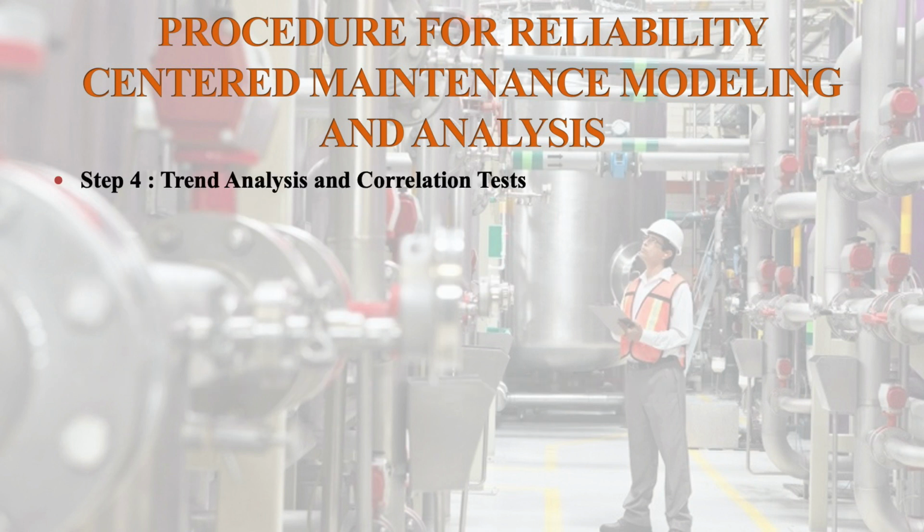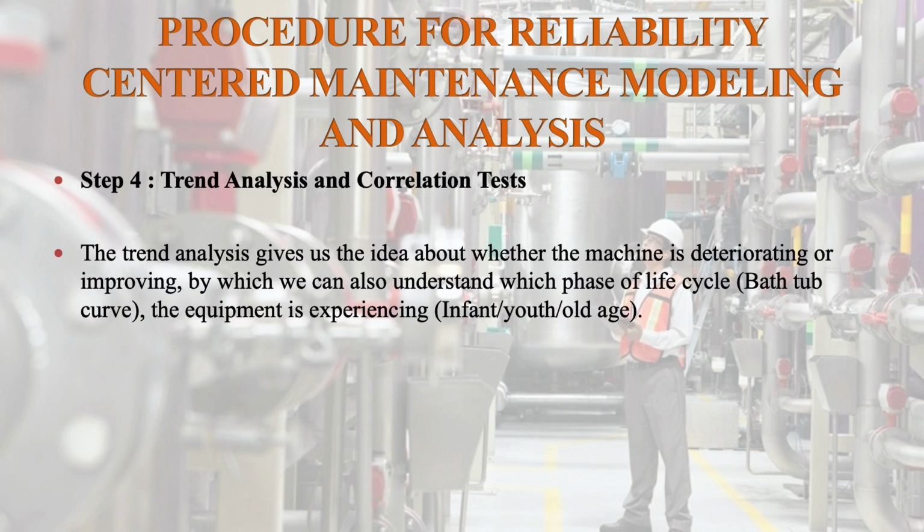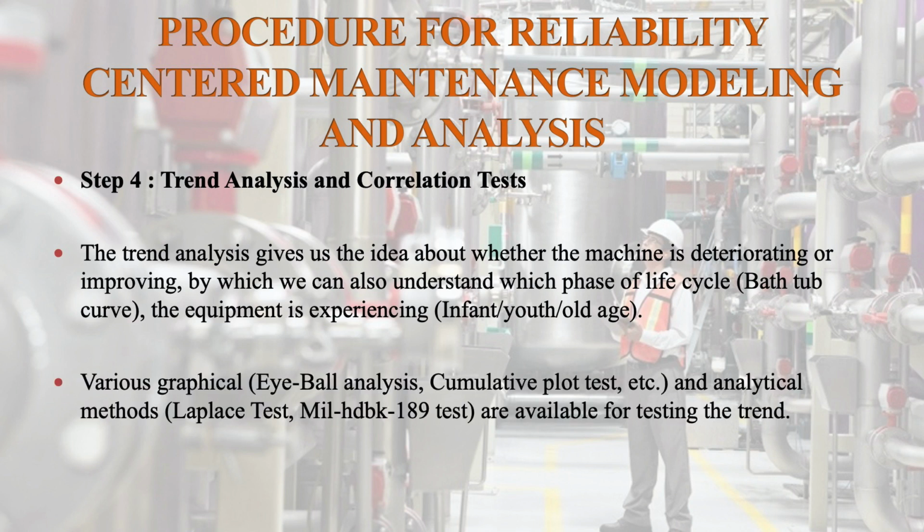Step 4. Trend analysis and correlation test. The trend analysis gives us an idea about whether the machine is deteriorating or improving, by which we can also understand which phase of the life cycle bathtub curve the equipment is experiencing: infancy or youth, or old age. Various graphical eyeball analysis and cumulative plot tests, and analytical methods such as the Laplace test and the MIL-HDBK-189 test, are available for testing the trend.